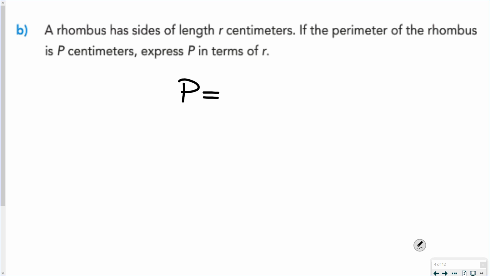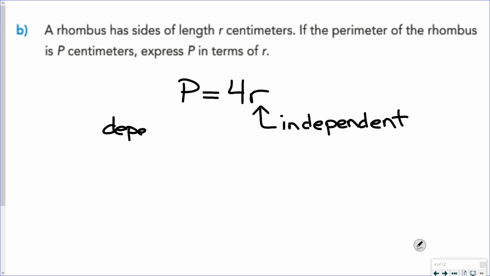So we can just go to 4 times r for our perimeter. In this case, we can make the side lengths whatever we want. So r is our independent variable, which makes p our dependent variable because the perimeter relies on the side lengths.